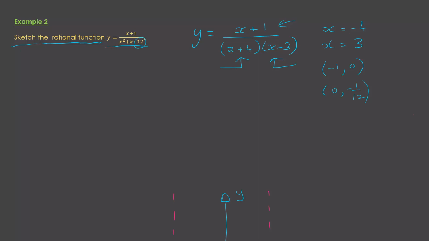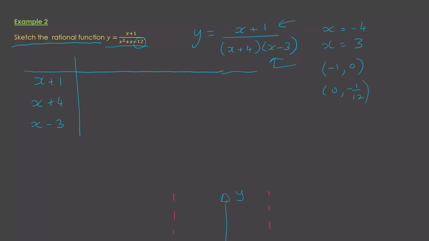So think about the parts of this expression. So we have x plus 1, x plus 4, and x minus 3. The asymptotes and the x-intercept split the graph into different regions.